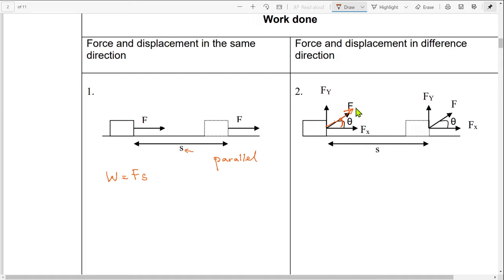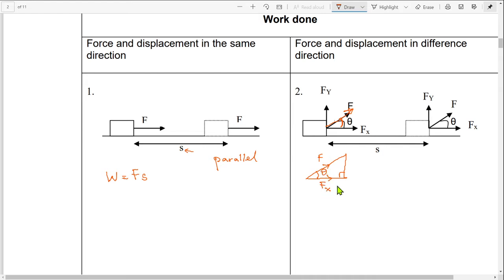So again, here we are going to use our trigonometry. Here is the force, so I can draw my right triangle. Over here is my F sub x. Here is my F, and here the angle is theta.